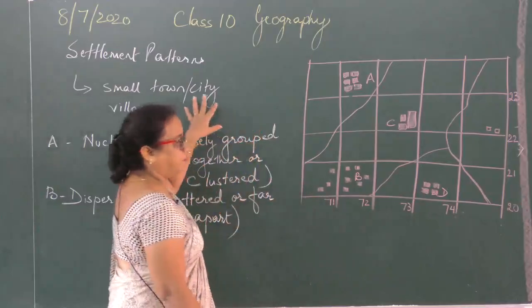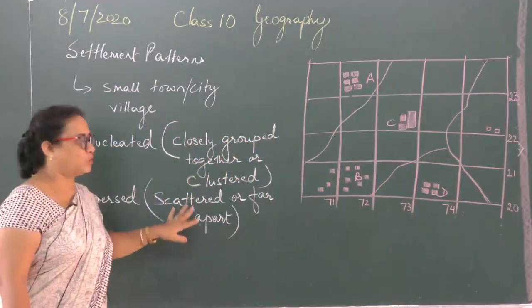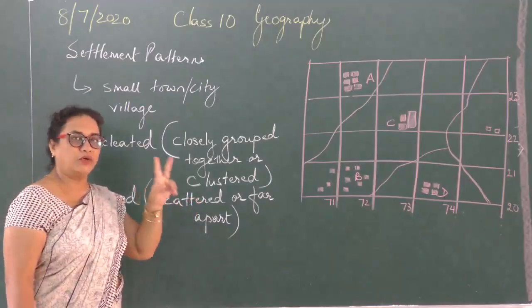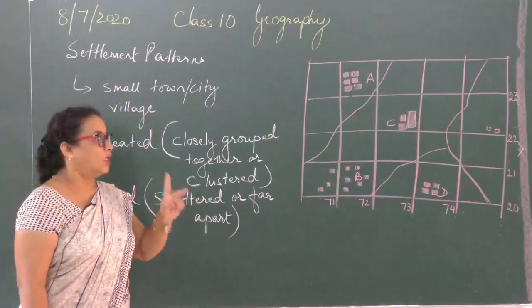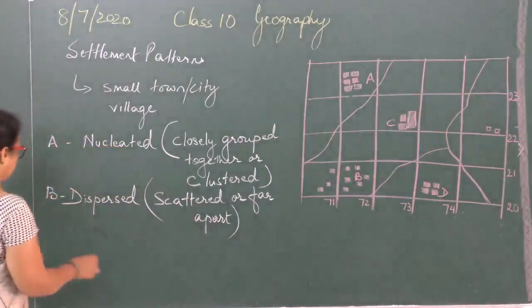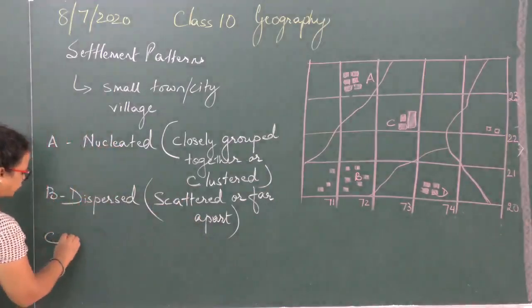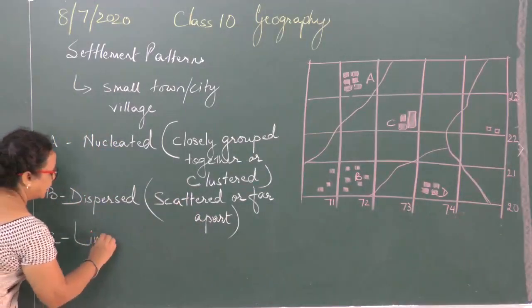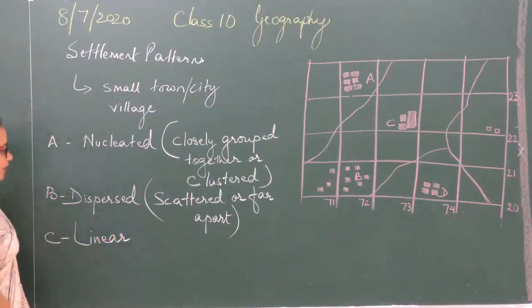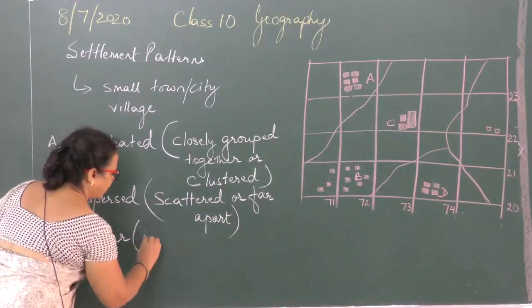Clear? These are the main two types of settlements which you will be getting in the two maps which you study. Clear? One more type of settlement, I have not shown it on the figure, I will show it just now, is a linear settlement. Linear means in a line.